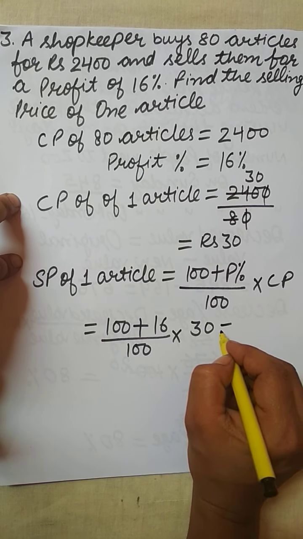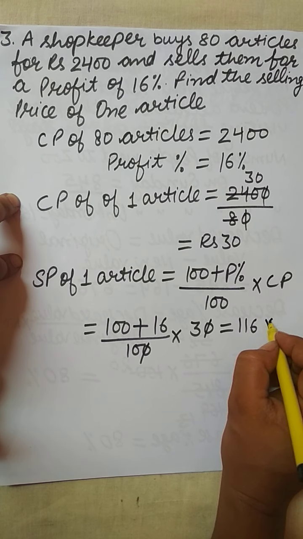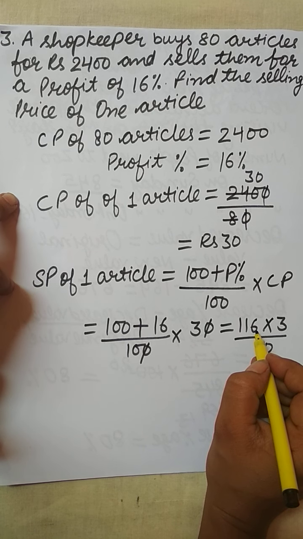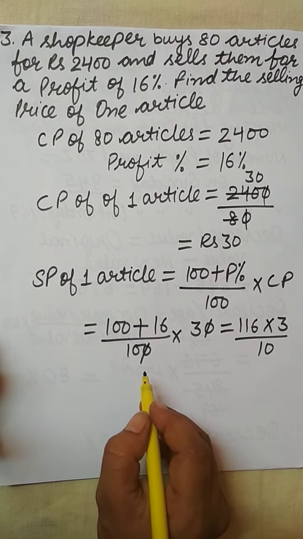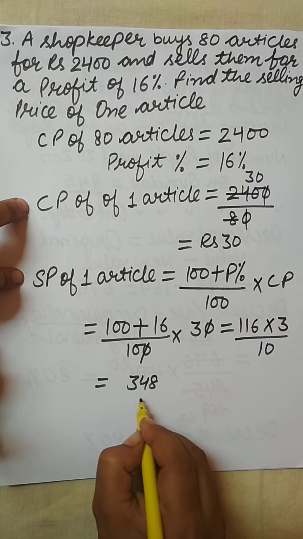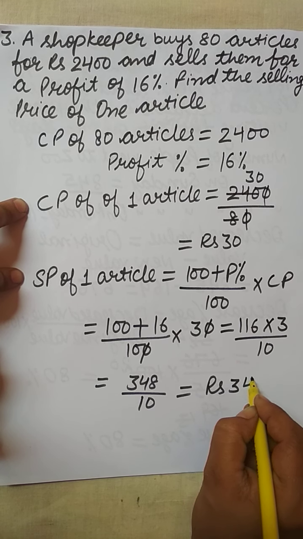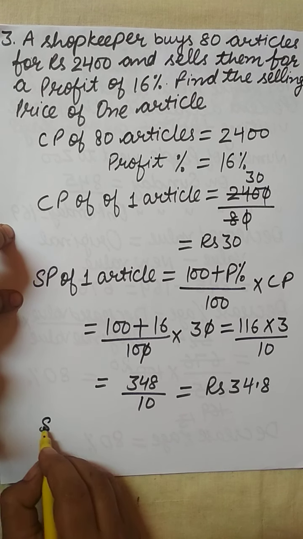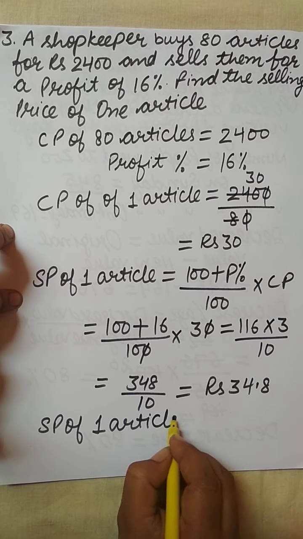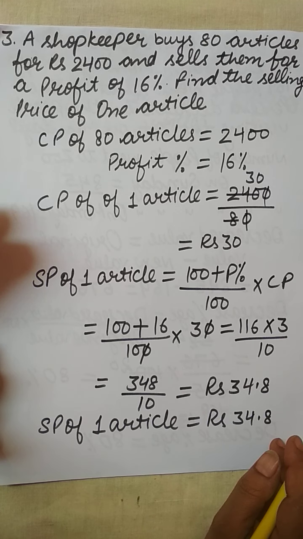This 0 and 0 cancel. Multiplied by 3 divided by 10. 116 multiplied by 3 is 348 divided by 10. This can be written as rupees 34.8. So the selling price of one article is equal to rupees 34.8, which is the answer.